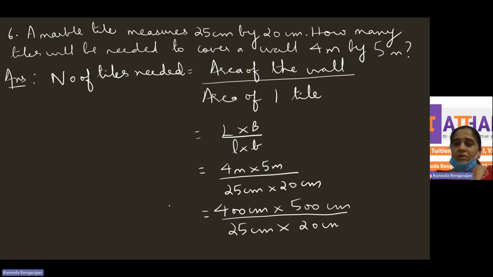Can you see all the values are now in centimeters? Now you can cancel. You should not cancel when the numbers are in different units. Now you can cancel. Yeah, we'll cancel zeros. Do cancel and tell me the answer. Please copy and then do the simplification.